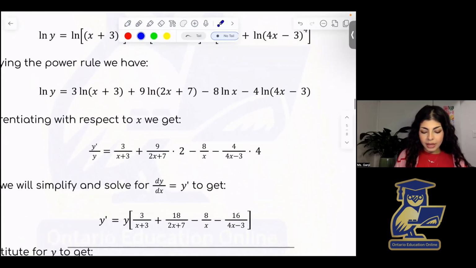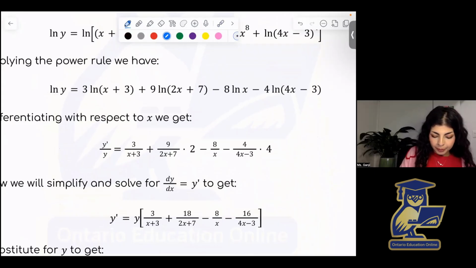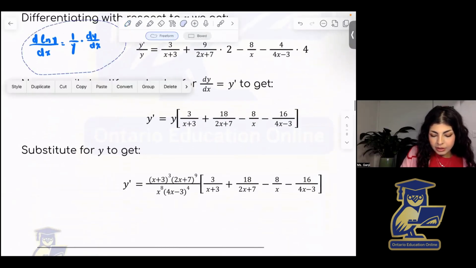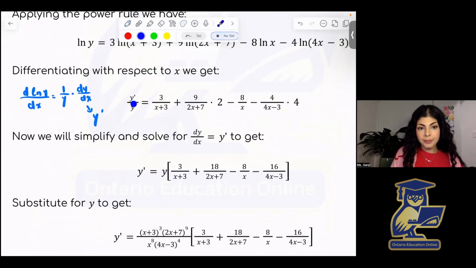And on the left-hand side, I will have d of ln y, which is going to give me 1 over y times dy dx. And this is just y prime. So that's why I have y prime over y.